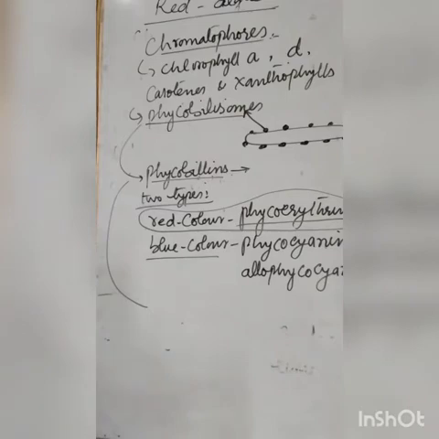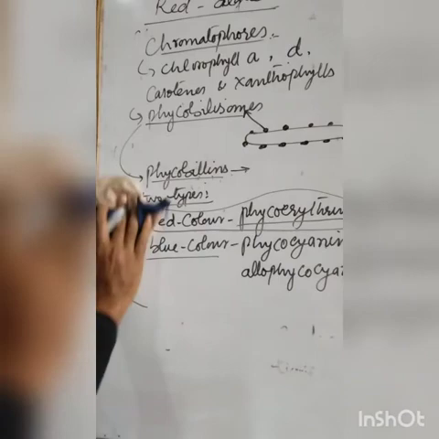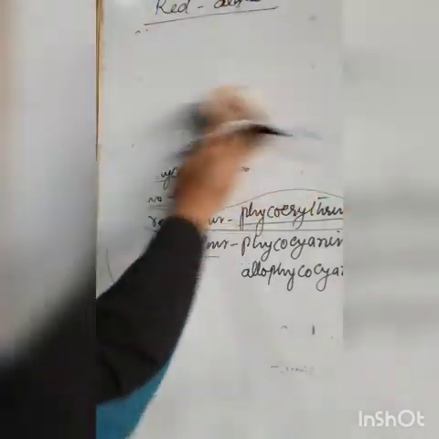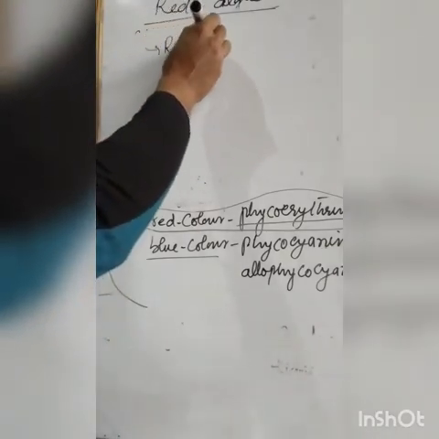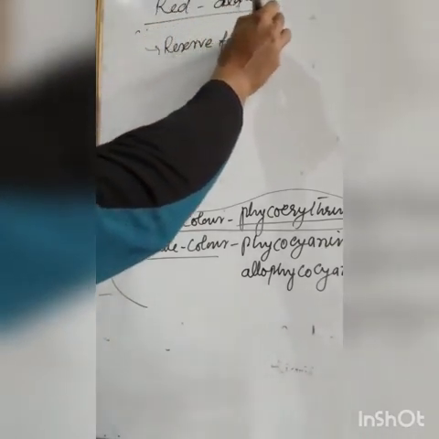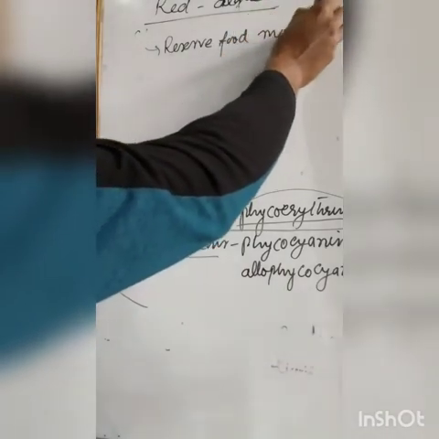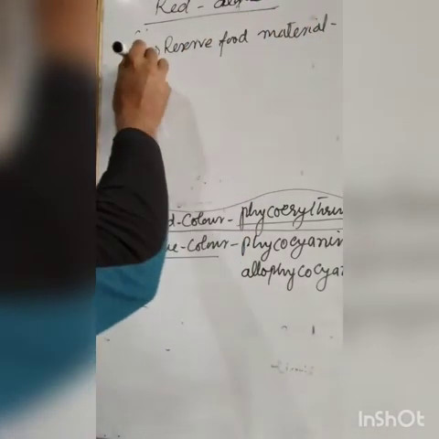The reserve food material of red algae is called Floridian starch.